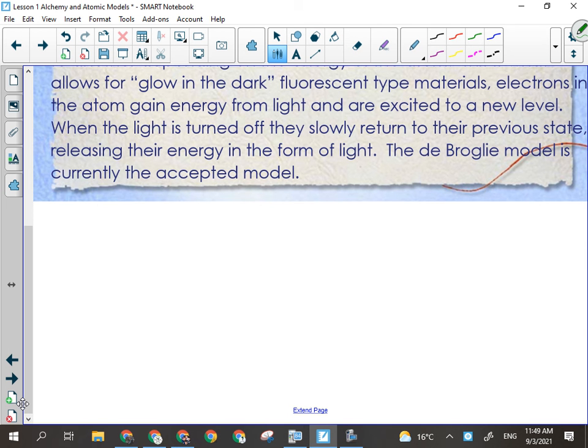My atomic mass here is 9.01. I subtract 4, I get 5.01. Now I'm not going to have 0.01 neutrons. How many neutrons do I have? 5. I just rounded off. So I've got to draw an atom that's got 4 protons, 5 neutrons, and 4 electrons. So I'm going to have 9 particles in the nucleus.